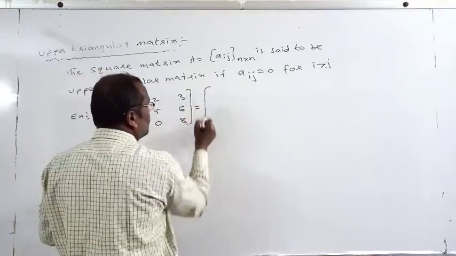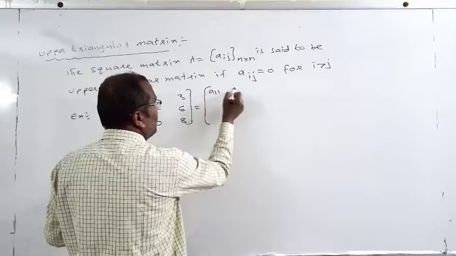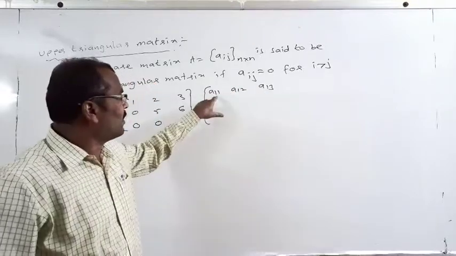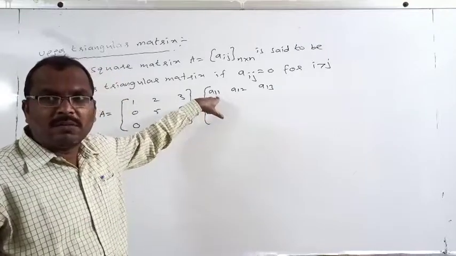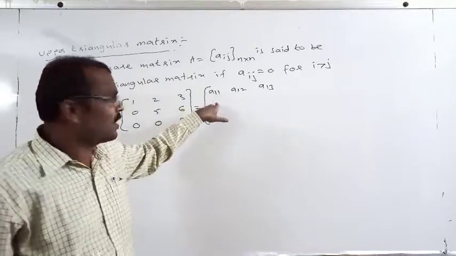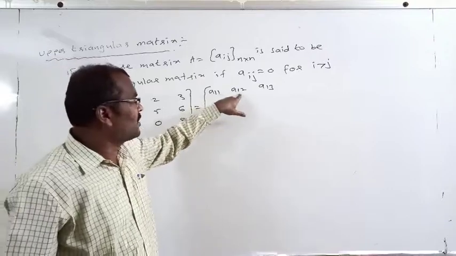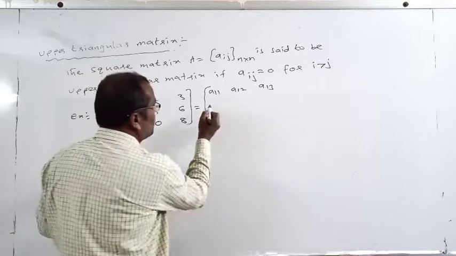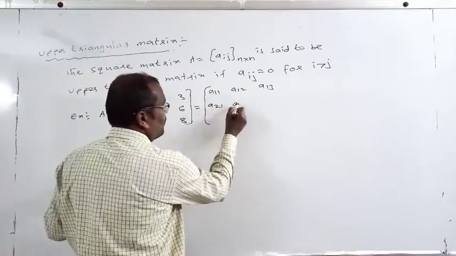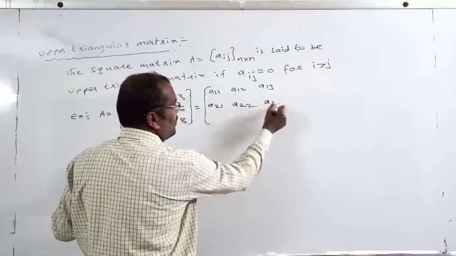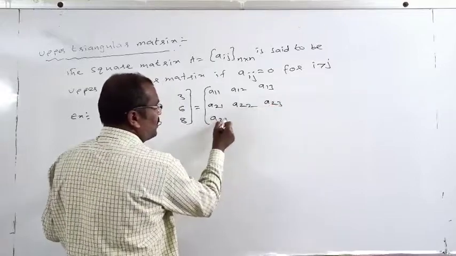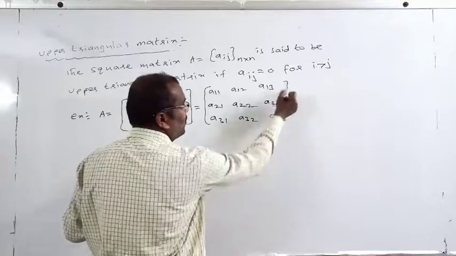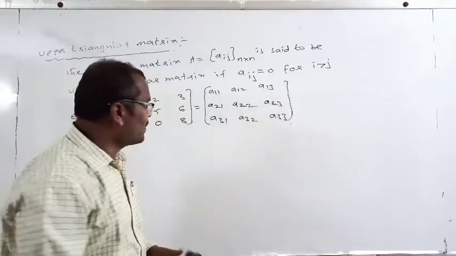So if I take this one, a11, a12. What is the meaning of a11? The element in the position of first row and first column. Then first row, second column; first row, third column; second row, first column; second row, second column; second row, third column; third row, first column; third row, second column; third row, third column.